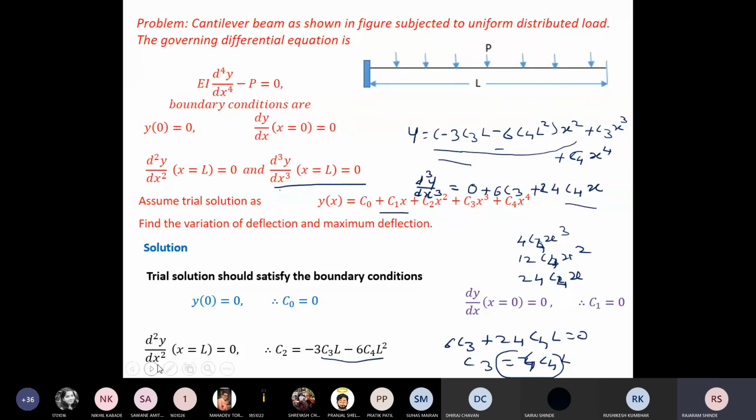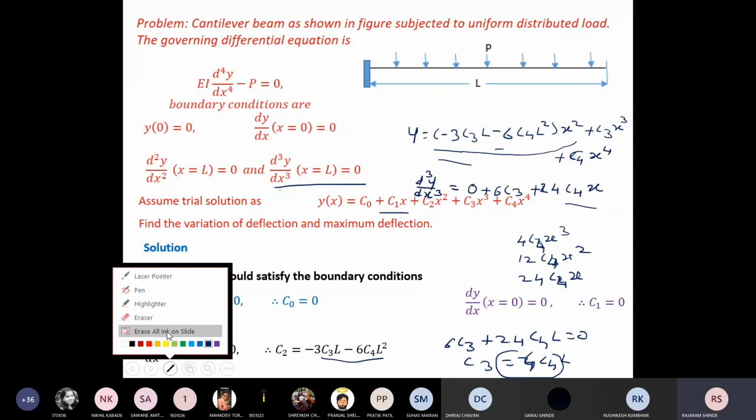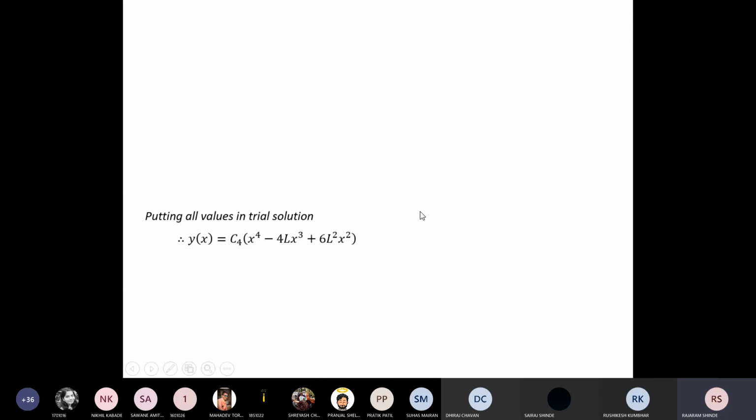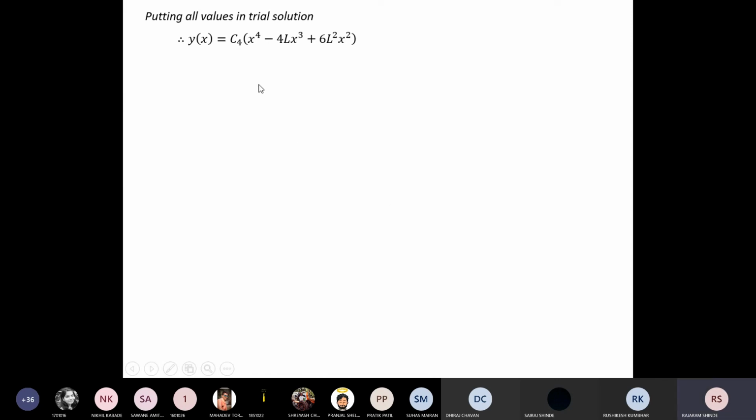Now I will show you again. Now you see here, you got c3 is equal to minus 4c4L. Now you see this, your c0 is 0, c1 is 0, c2 is this one, and c3 is this one. Now you put all the terms in your polynomial. Now your polynomial will be this one.